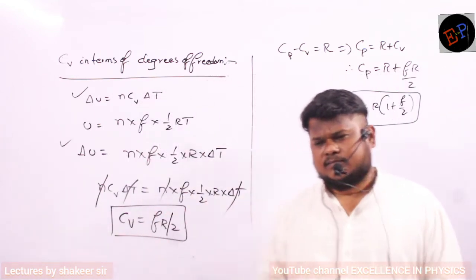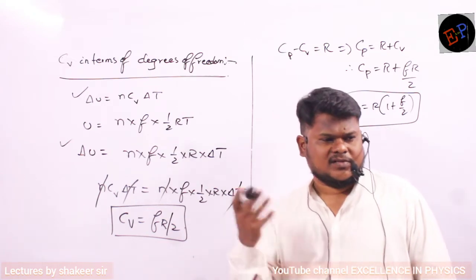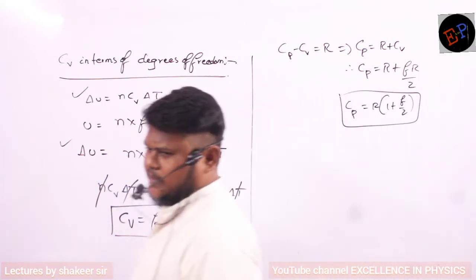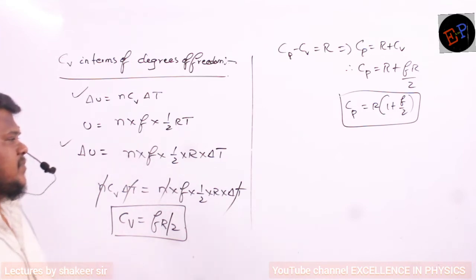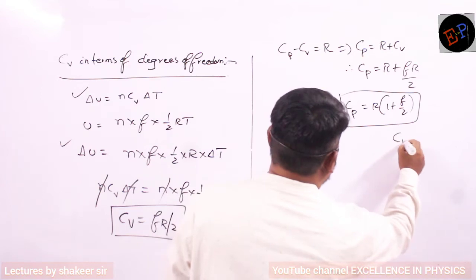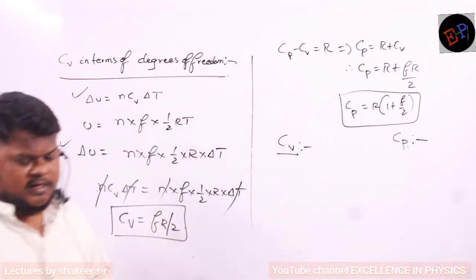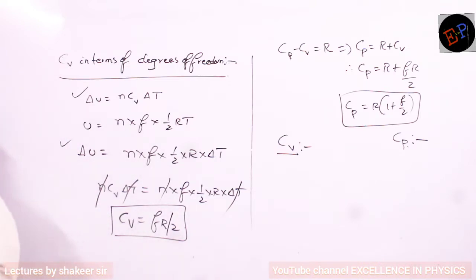So it is a linked derivation. Once you understand the basic concept, you can go on deriving all these concepts very easily. Now, we will write the Cv and Cp values for monoatomic, diatomic and polyatomic gases.